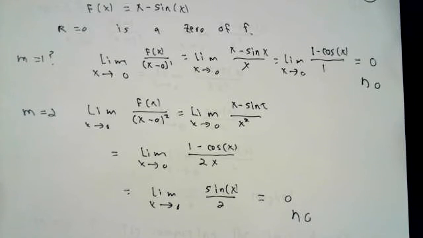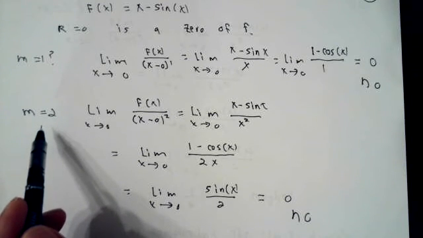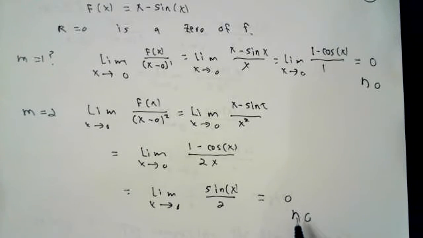Sine x is continuous, so it's safe to plug the 0 in. The sine of 0 is 0, half of that is 0. If I look at the m equals 2 situation, the limit comes up 0. I need this limit to be non-zero and finite, and m equals 1 and m equals 2 have not done the job for me.